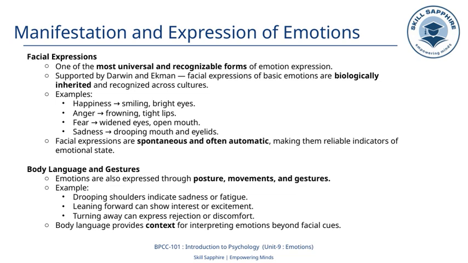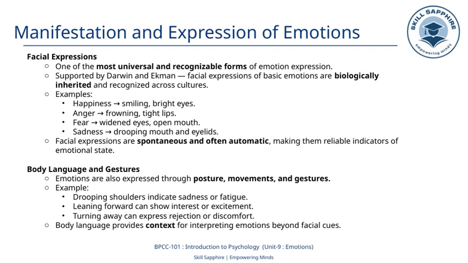Facial expressions are actually one of the most universal and easily recognizable ways we show what we're feeling. This idea is supported by researchers like Darwin and Ekman, who found that basic facial expressions are biologically inherited and are recognized across different cultures. For example, when someone is happy, they tend to smile and have bright eyes.